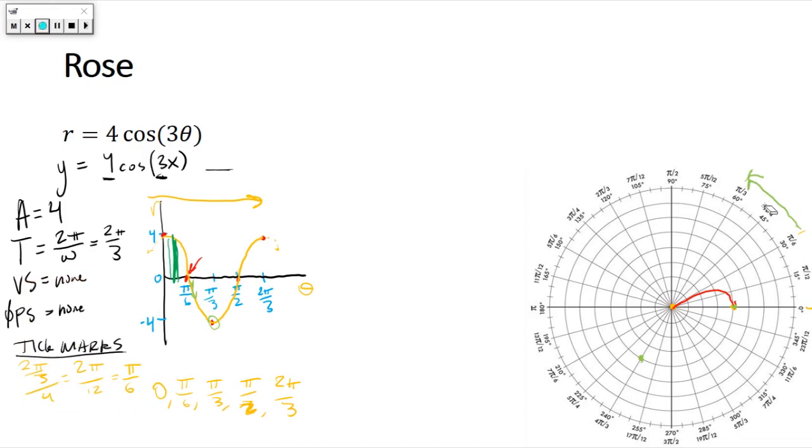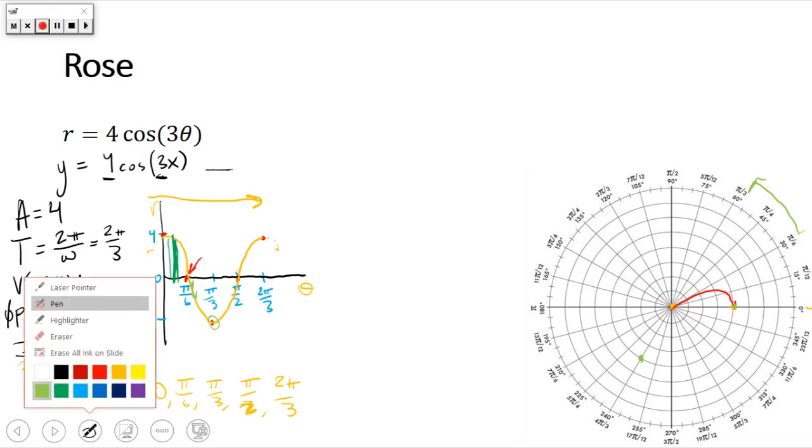So as we're looking over here, I just deleted that. As we are looking over here, we're going to be drawing in angles on the other side because we have negative radii. So that path is very similar to the previous path.